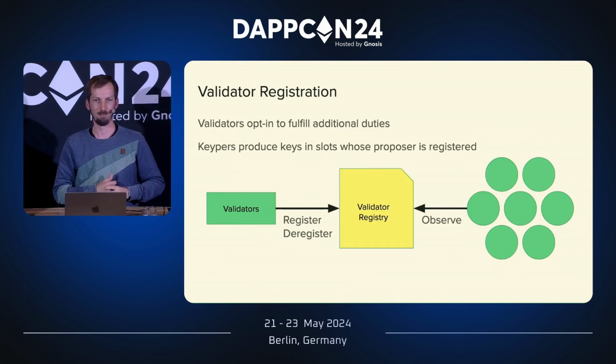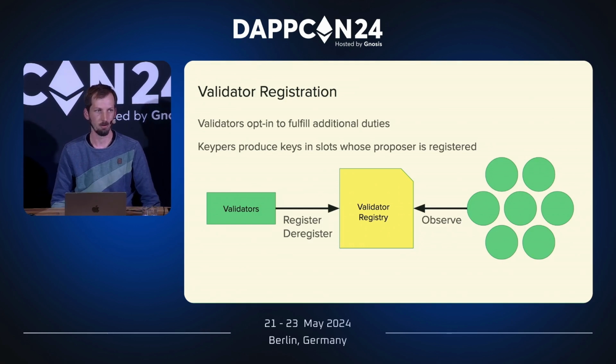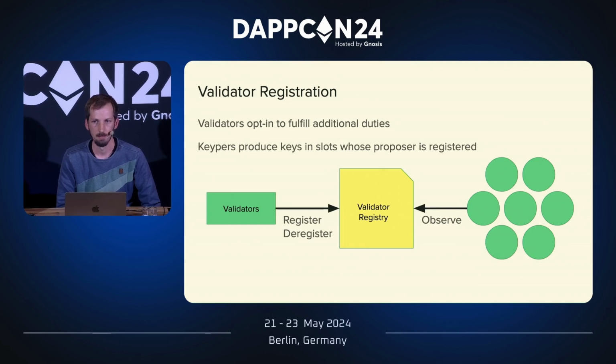Validators, this is what we're going to do at the end of the workshop, have to register. We don't want to require validators to do things, because that would mean a hard fork. So we want to make it optional.